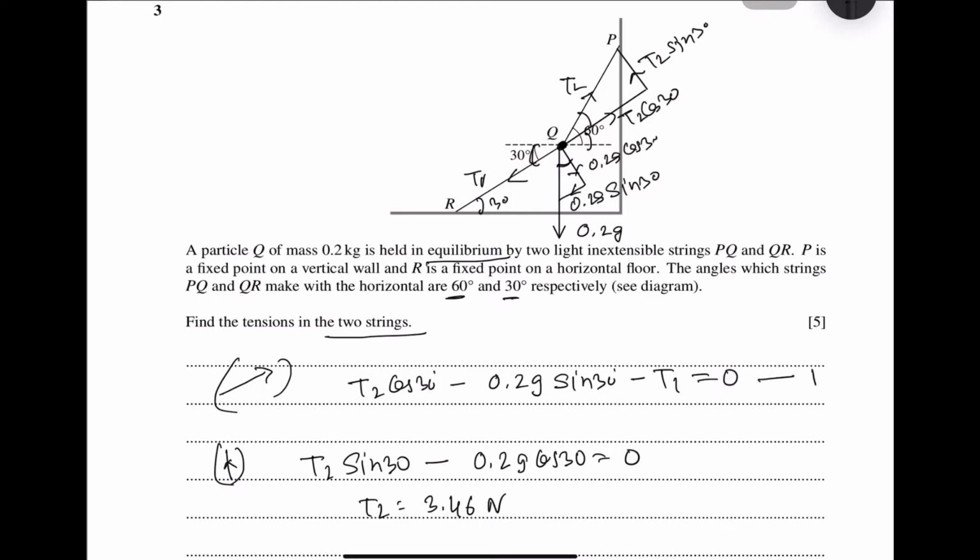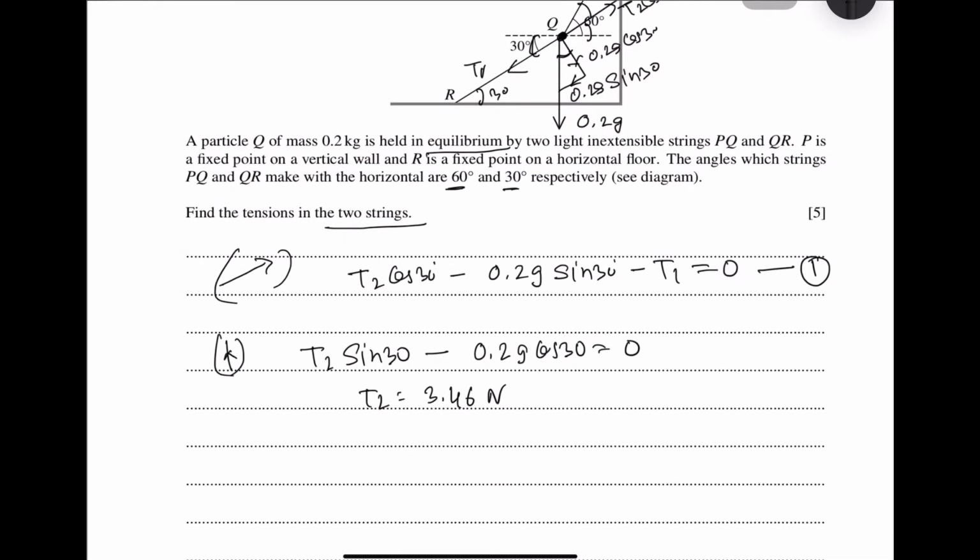Now if it is substituted here, we get 3.46 cos 30 minus 0.2 g sin 30 equals T1.